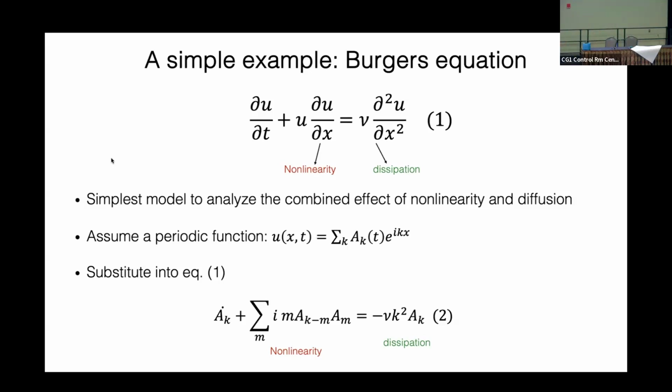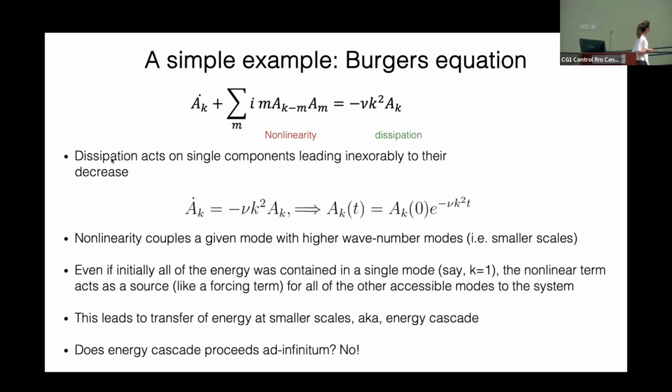So if we take a look a little bit more in depth at what dissipation does, let's neglect the nonlinear term, okay? What we obtain is a simple evolution equation for these amplitudes that you can solve, okay? And the solution is given by an exponentially decaying amplitude.